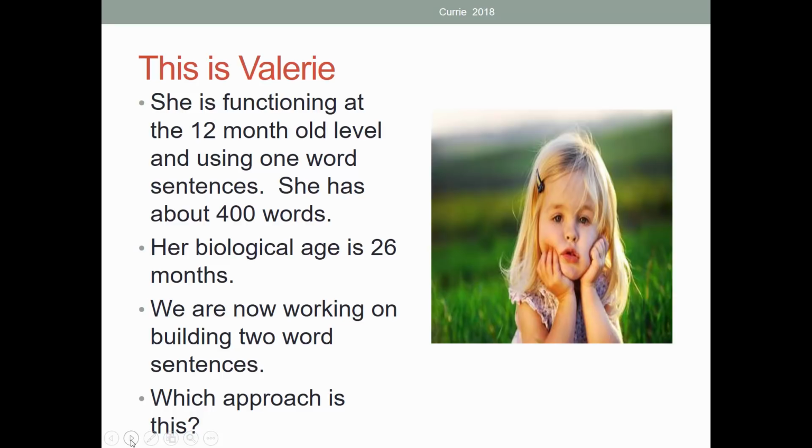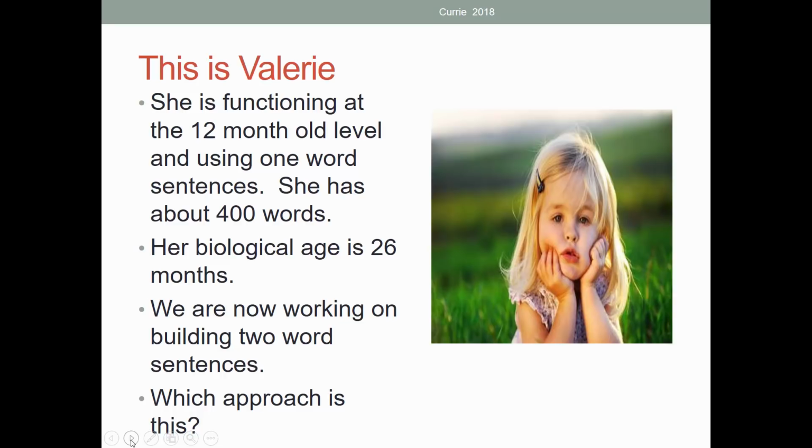This is Valerie. She's functioning at about 12 months old. She uses one-word sentences, and she has an expressive language of about 400 words. Her biological age is 26 months. So now we're working on building two-word sentences.